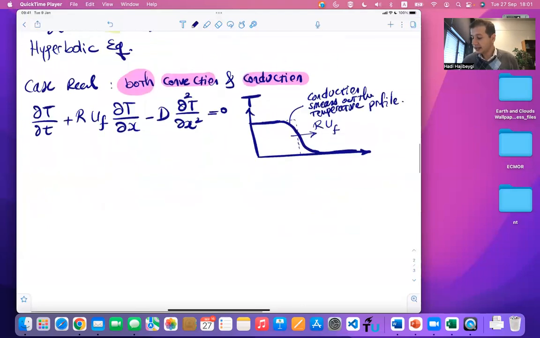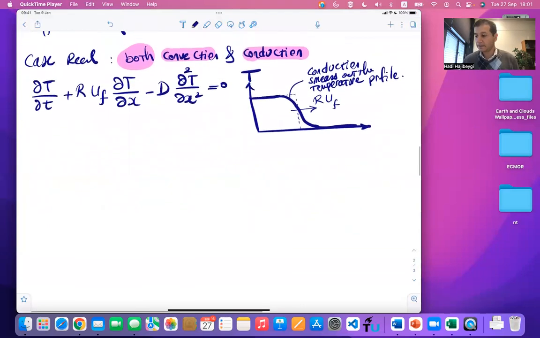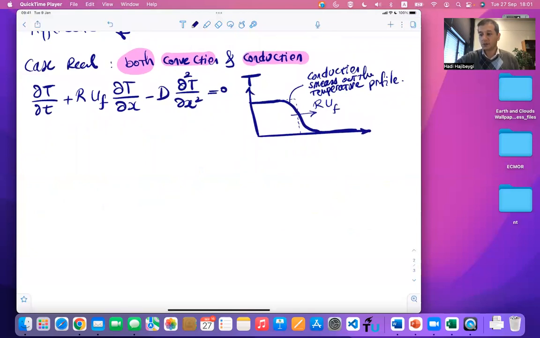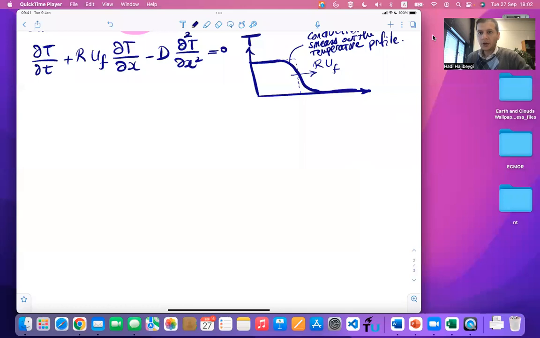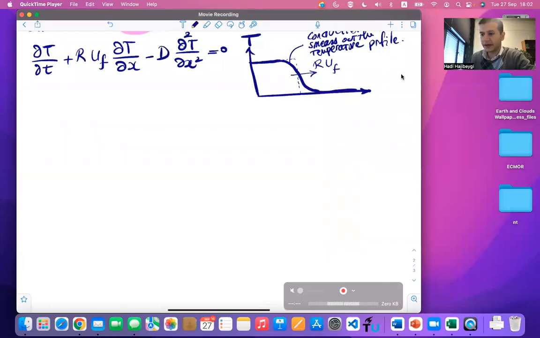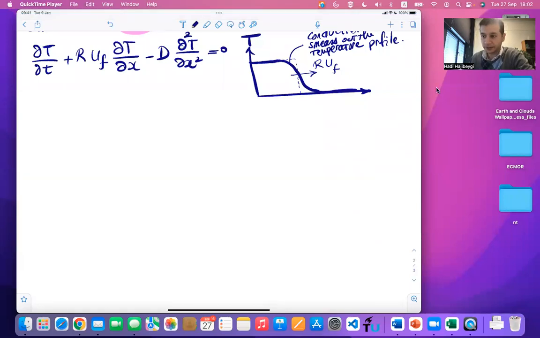So that is the next step we can study together. Okay, this is the very final part of the lecture. Now, I'd like to solve this equation more quantitatively so that I can exactly plot this profile.